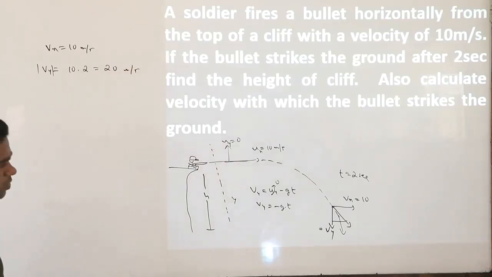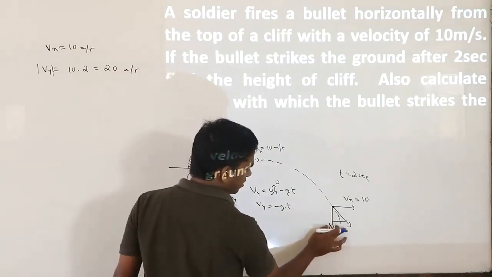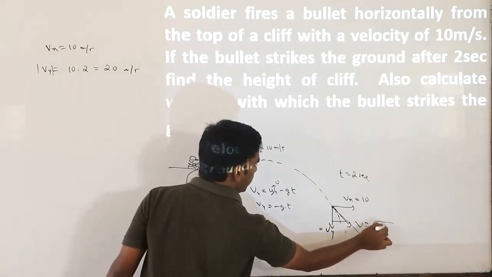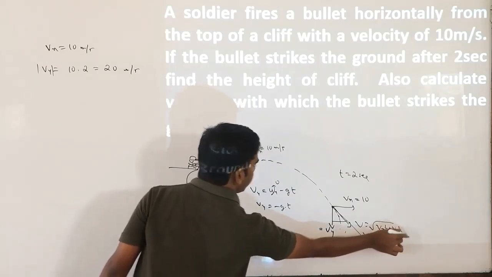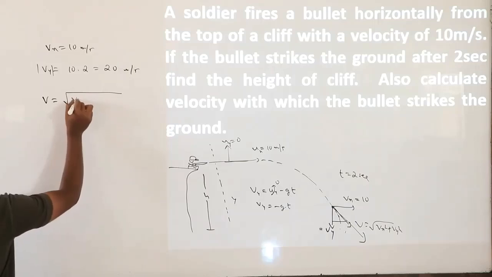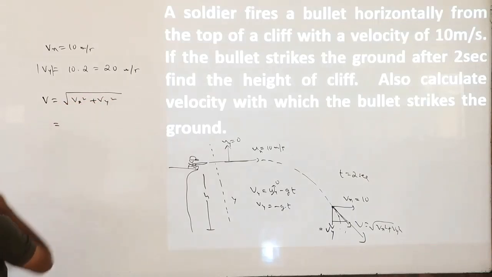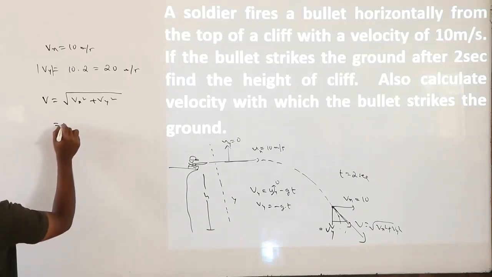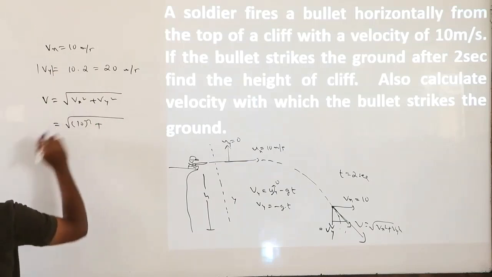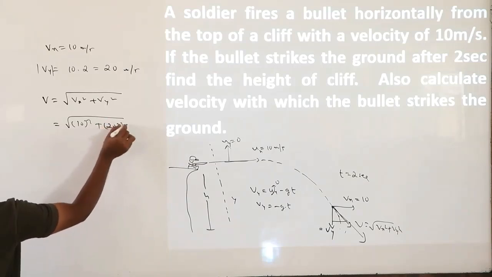Now the resultant you have to find, which will be in this direction. So v equals the square root of vx square plus vy square. Vx square is 10 square, plus vy square is 20 square.